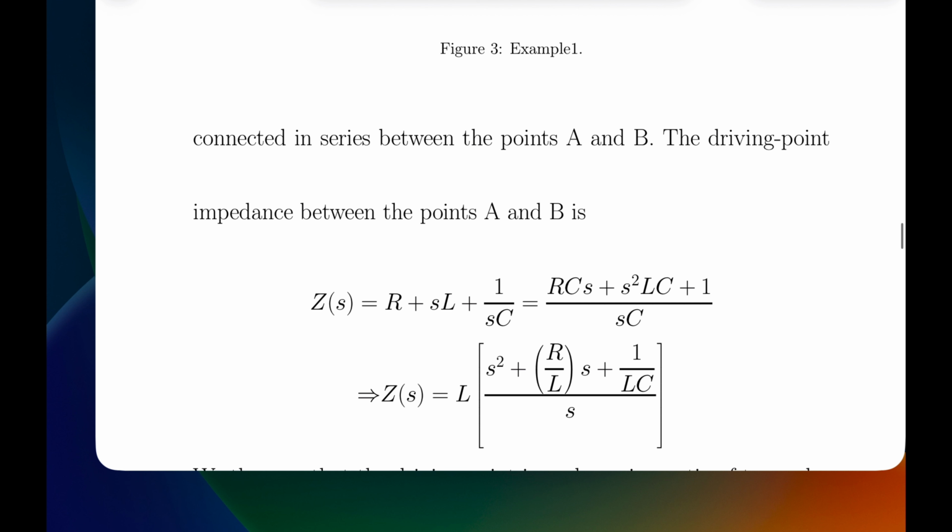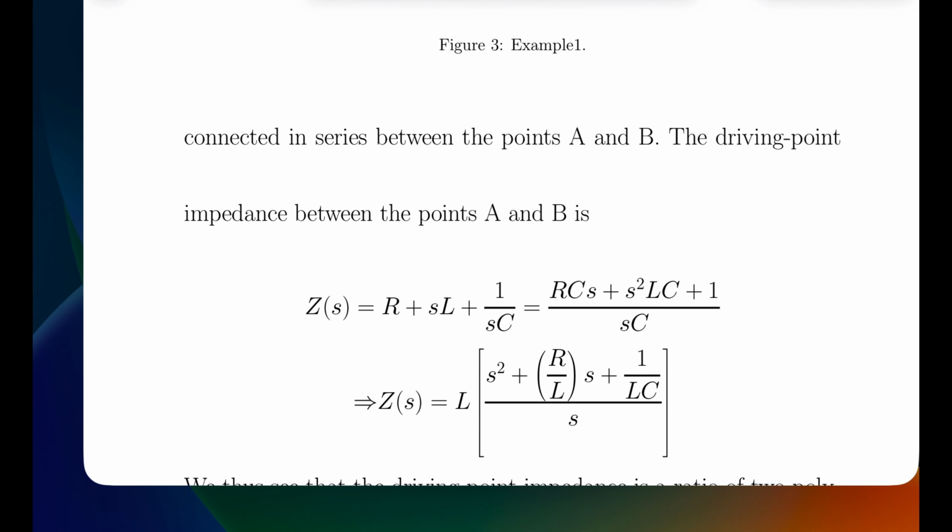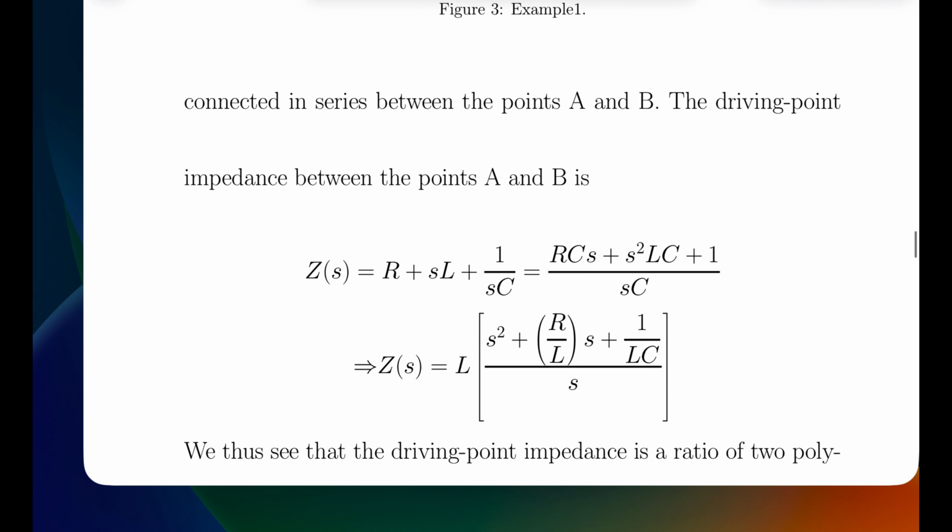Okay, so take the LCM of this. This is sC, this is RCs plus s square LC plus 1. Now take out L common from the numerator. This is L here. Within the bracket we have now s square plus R upon L into s plus 1 upon LC, divided by s.